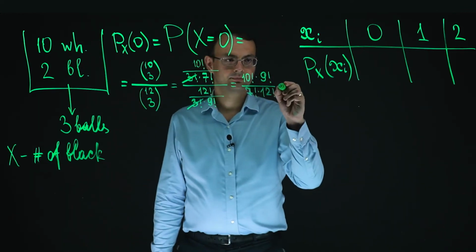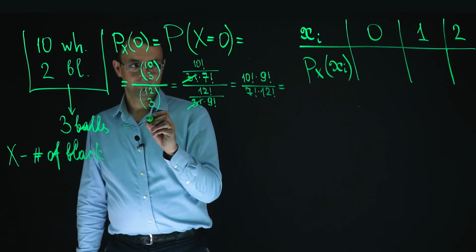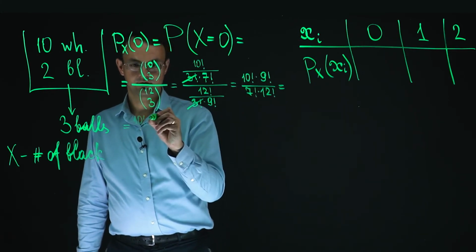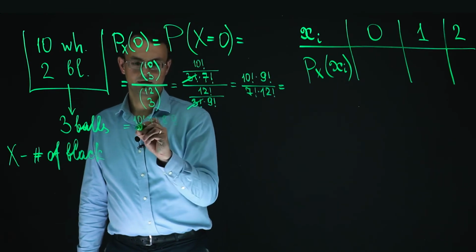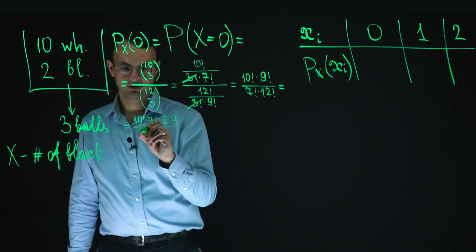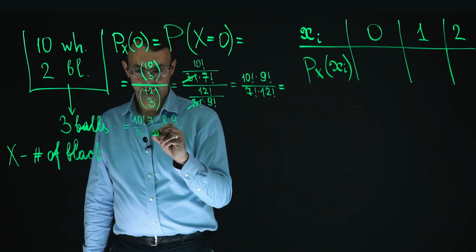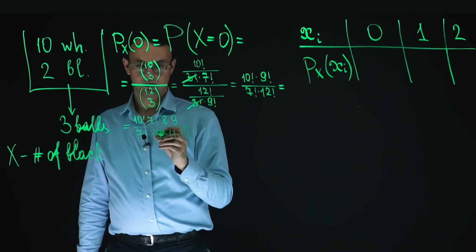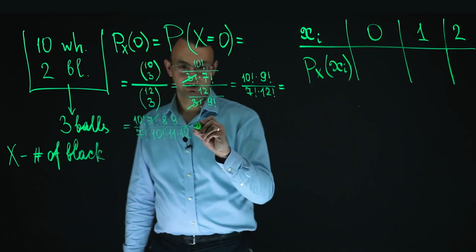Now I can say that 9 factorial is 7 factorial times 8 times 9, and 12 factorial is 10 factorial times 11 times 12. So this is cancelled, and this is also cancelled.